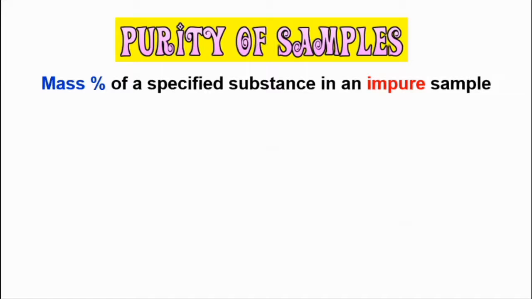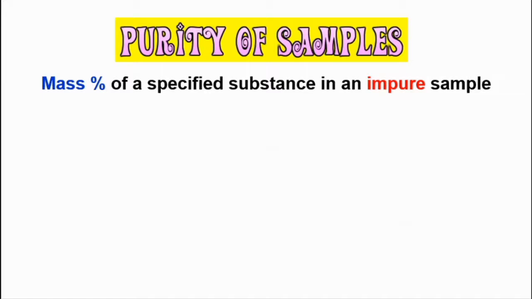Normally the sample that we are using, in some cases the sample is not really 100% pure, and it might contain impurities, and that's why we need to determine the percentage of the pure substance in the sample.